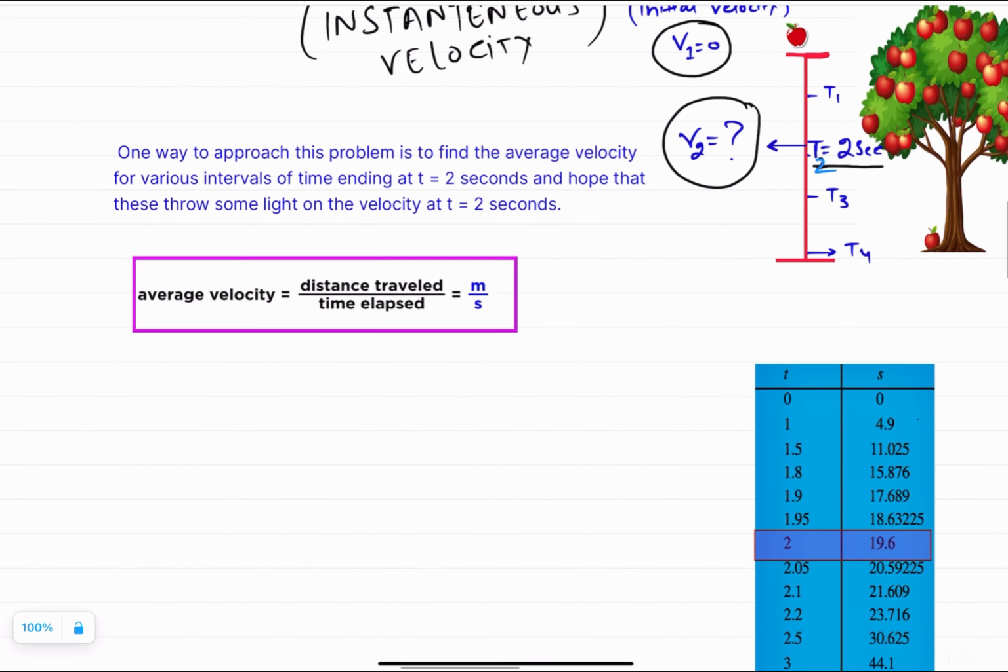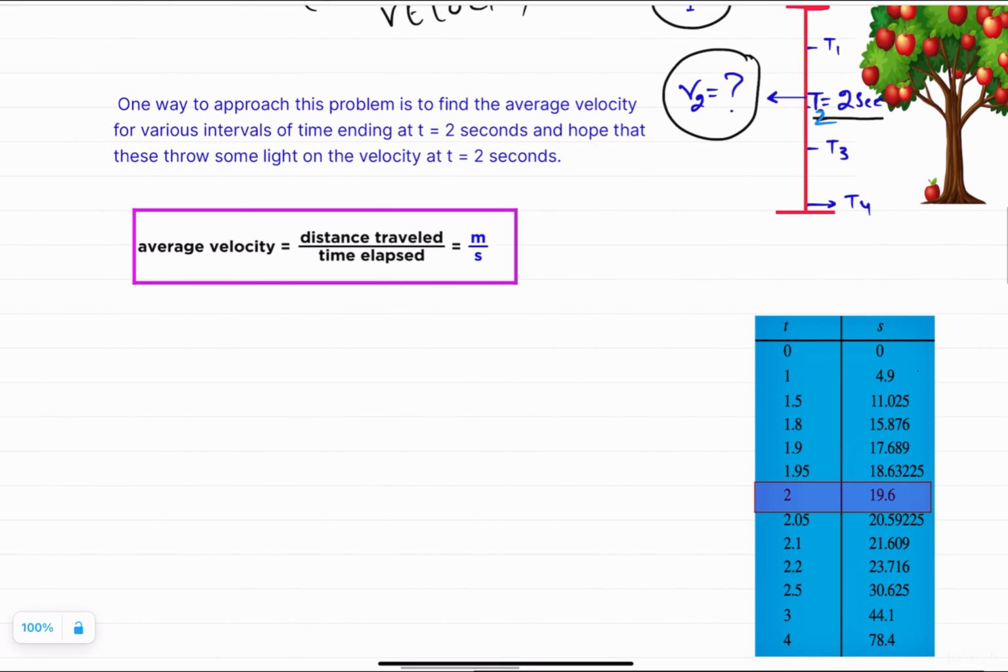I have pasted the table above. Now we have to concentrate on time equal to 2 seconds, and with respect to it, we will find the average velocity for times near it.